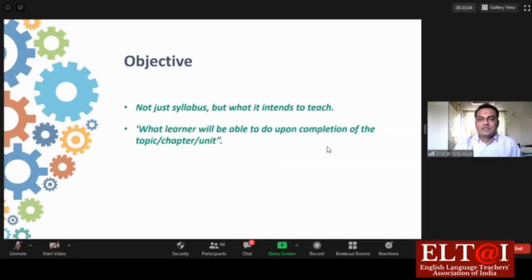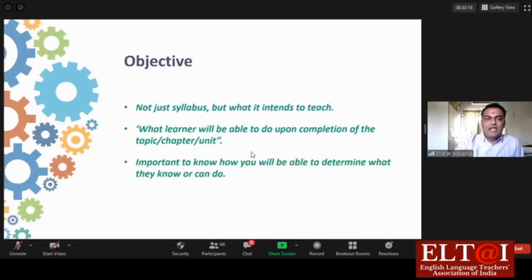Not just the syllabus, but what the students will be able to do at the end of the chapter, at the end of the material, at the end of the topic unit. Let's determine that. Once we have determined that, we have the objective at hand.